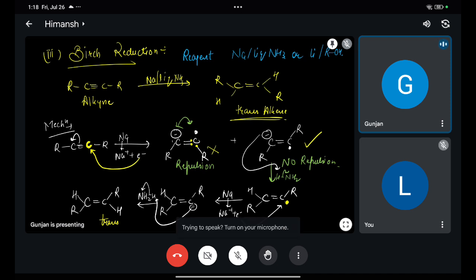With that radical formed over here, now it takes one more electron from sodium. When it takes one more electron of sodium, it converts to a negative charge, because a neutral species that takes an electron gets a negative charge. So this carbon got a negative charge. When this carbon got a negative charge, just a second.